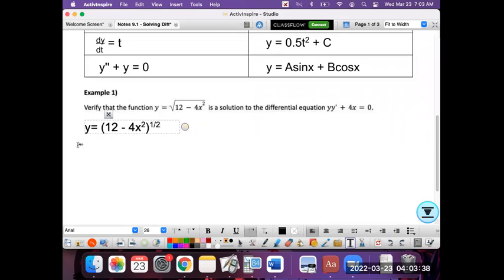Okay. So the derivative of this, let's see, the outside function is the power of 1/2 function. So it's 1/2 parentheses to the -1/2. And then I'll go ahead and put that inside function back in.